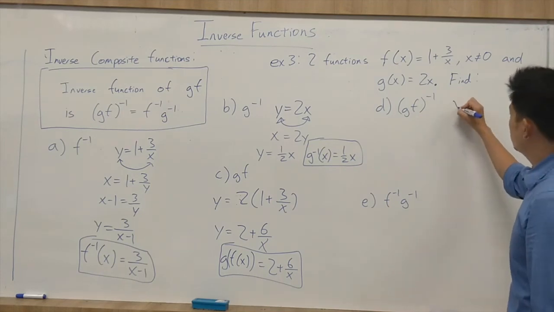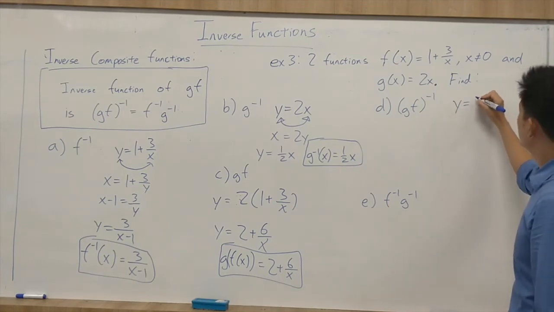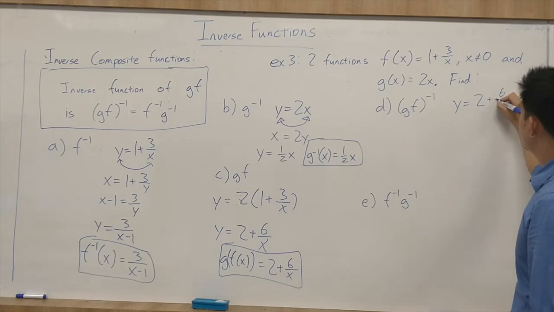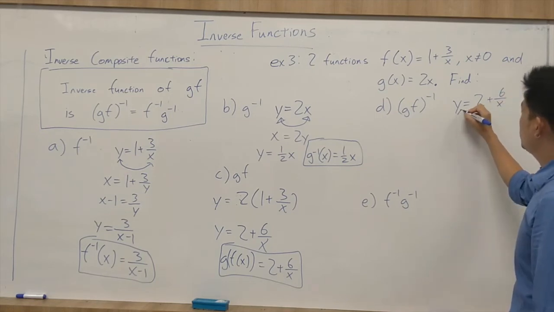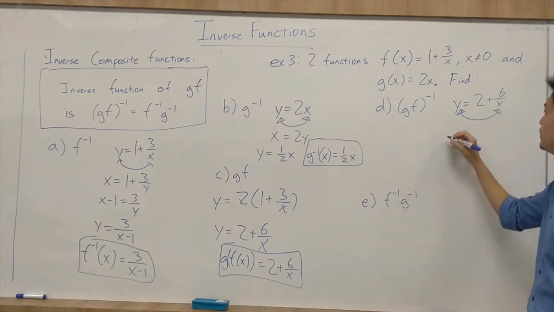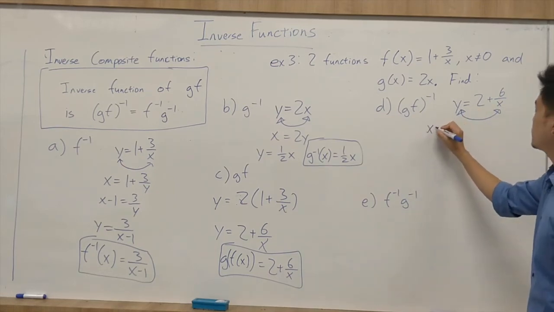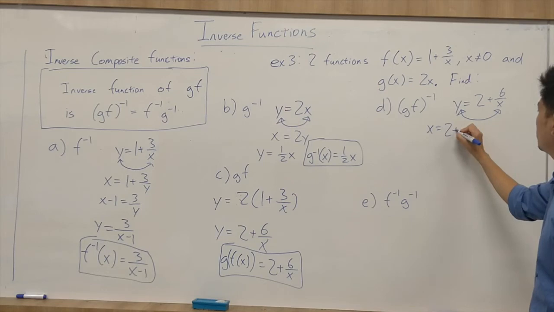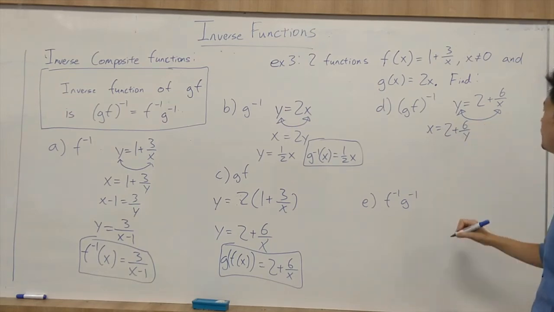Now let's look at the inverse of this function we just came up with. So again, setting up the original function, y equals 2 plus 6 over x, swapping our y and our x, and solving for y again. So we get x equals 2 plus 6 over y.